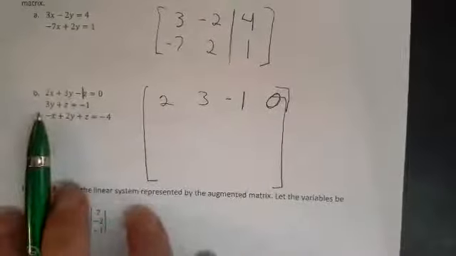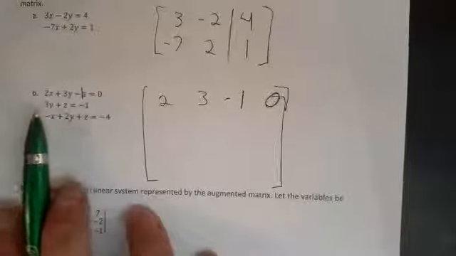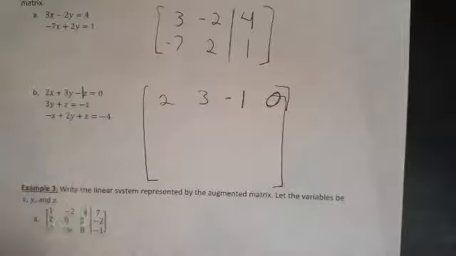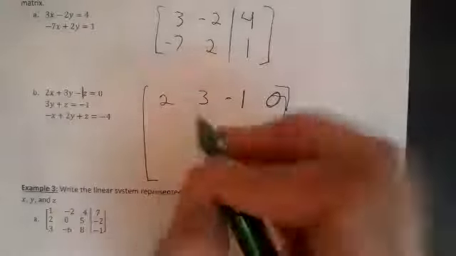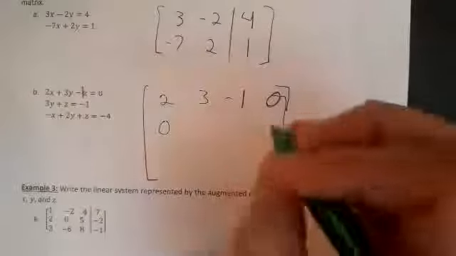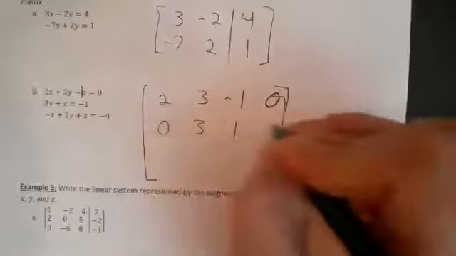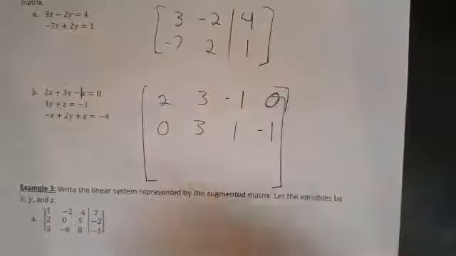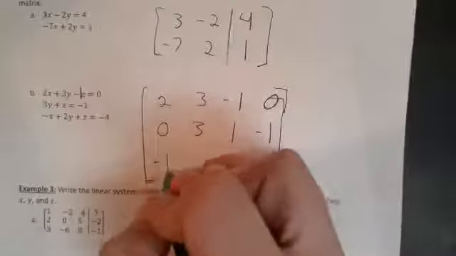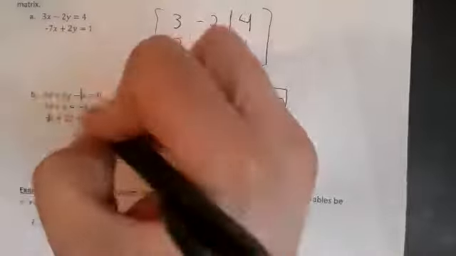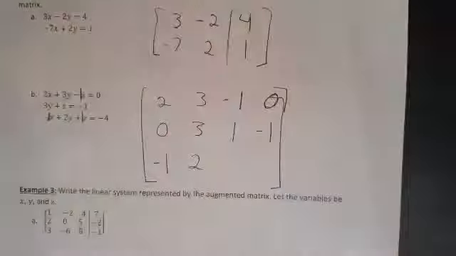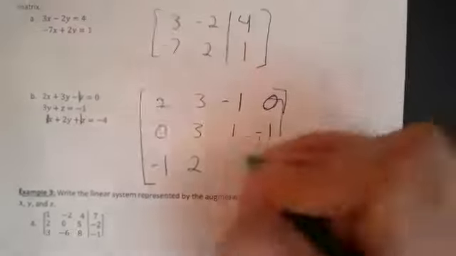If I don't see an x, what number do you think I'm going to throw in there? 0. Yep, there are no x's there. There are 3 y's, there's 1 z, and there is a minus 1 constant. There is a minus 1x, there's a 2y. So if you don't see a coefficient, it's 1. If you don't see a variable, then it's going to be 0.